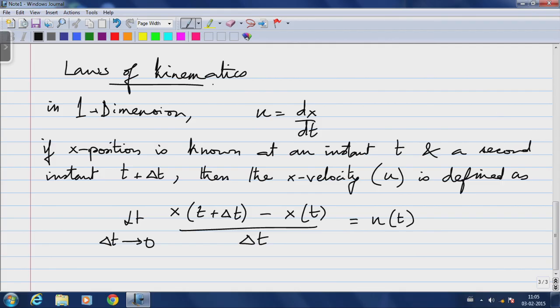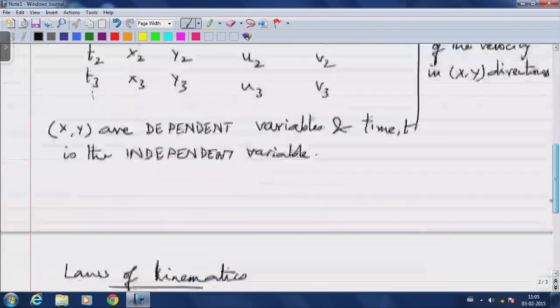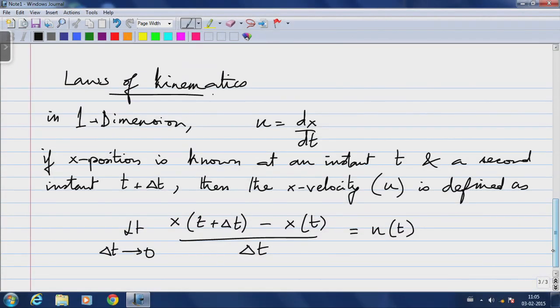If I can now record the positions of this particle not just at discrete instants of time like shown here, 1 second apart, but make observations such that this delta t, which is 1 second in this experiment we did very early on, becomes smaller and smaller, the ratio of the change in the position to the actual time span between the two observations gives me a better and better estimate of the instantaneous velocity in the x direction, which we indicate by the letter u.